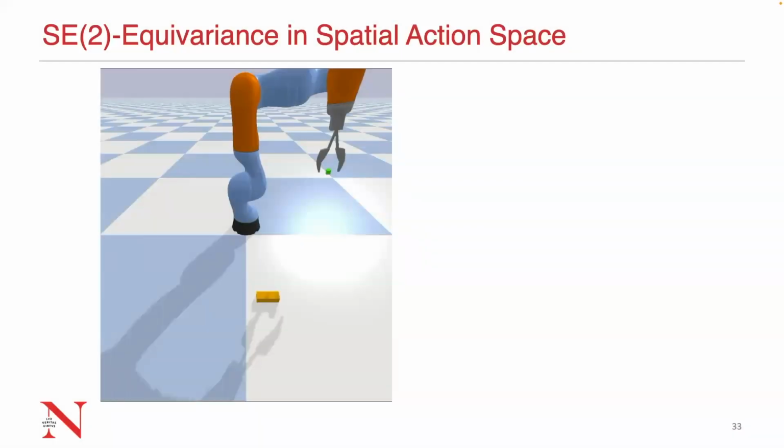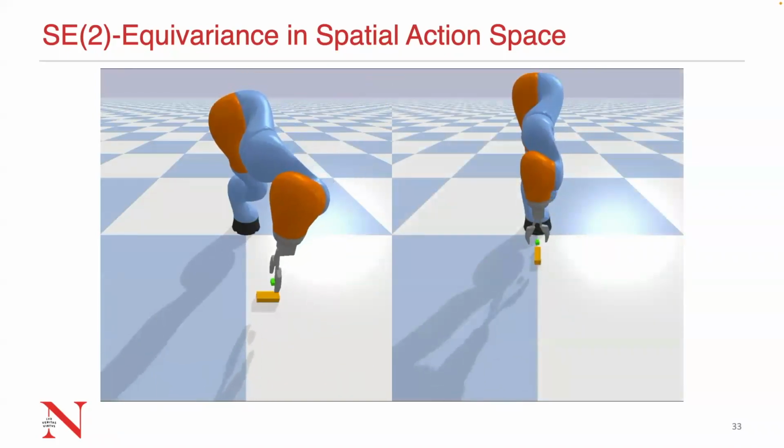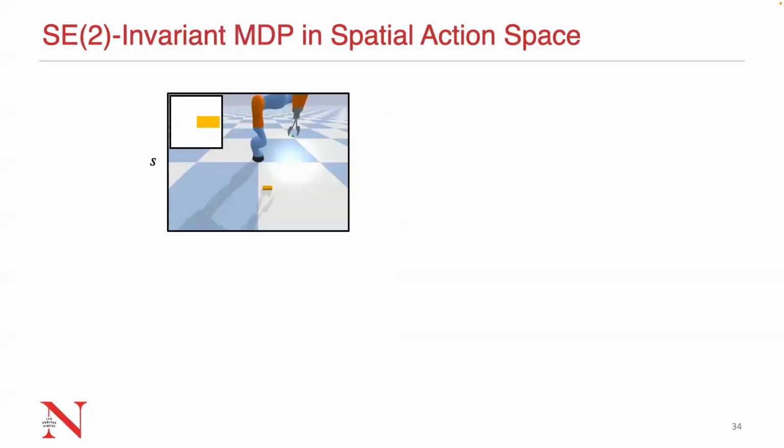So our goal here is to pick up the block, and it's going to be SC2 equivariant. If we have an SC2 action on the objects, we should apply the SC2 transformation to our action accordingly. So again, we can define this kind of problem in spatial action space as an SC2 group environment MDP, the one that we introduced before, right?